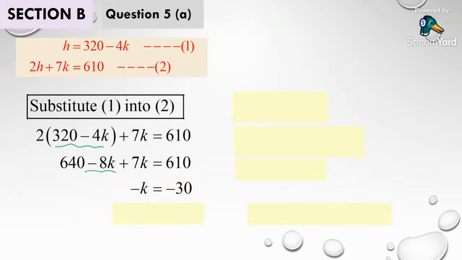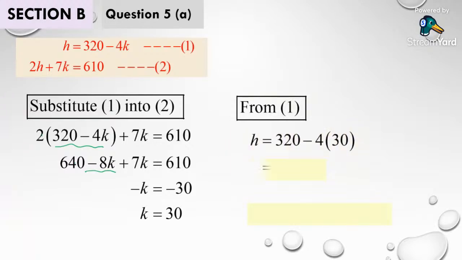We group K on one side and the rest on the other, and I find that K is equal to 30. Once I get the K value, I can get the H value easily from equation 1. I substitute K equals 30 and I get 200. So there goes the answer for H and K.